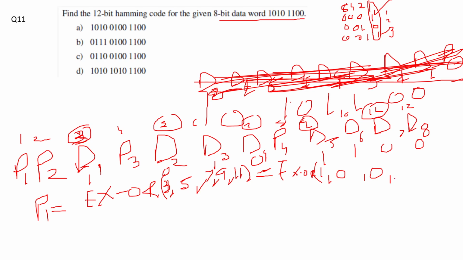What is 9? 1, and 11. So this is the XOR, it will be 0. So P1 will be 0. So here I'll write down 0.